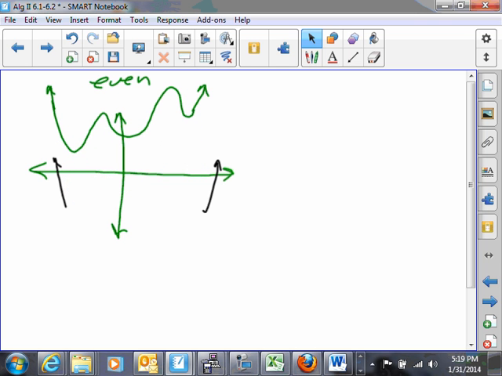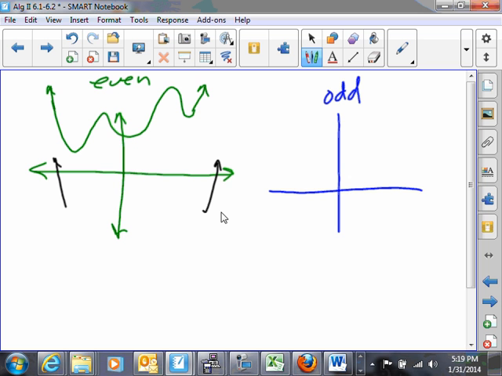So one of the theorems that we're going to come up with before too long is that the total possible number of zeros for a polynomial function of degree n is n. And then notice that they kind of come and go in pairs. Now, if you have an odd degreed function, remember you have left and right hand behavior that's different.